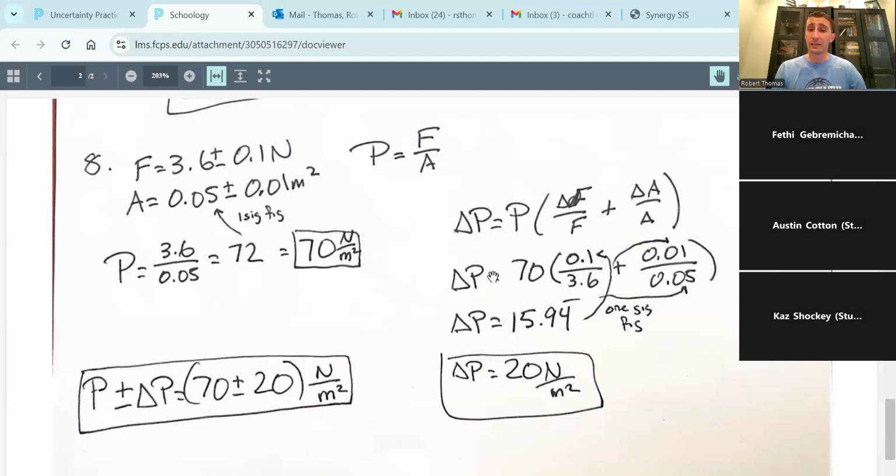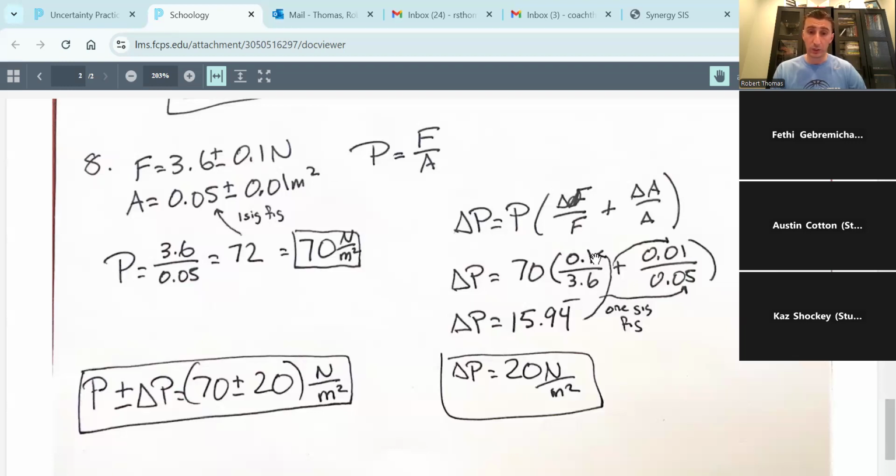And then you get this equation on your equation sheet, where the error equals the number times the error divided by the number plus the error divided by the number, right? So I would plug 70 back in there. Does everybody see what I did there? I plugged in 0.01 because that's the error right there. The number was 0.05, did the division.